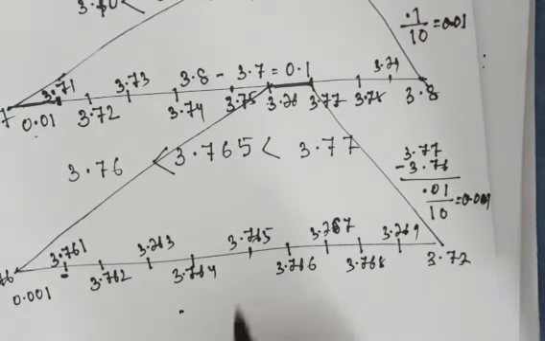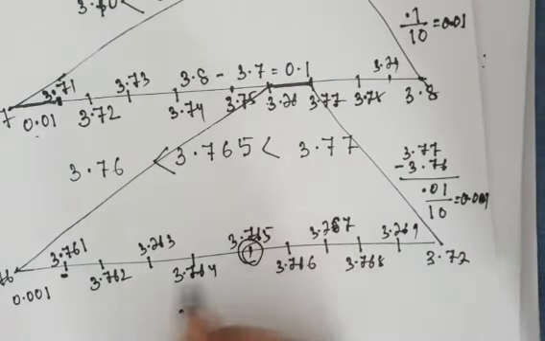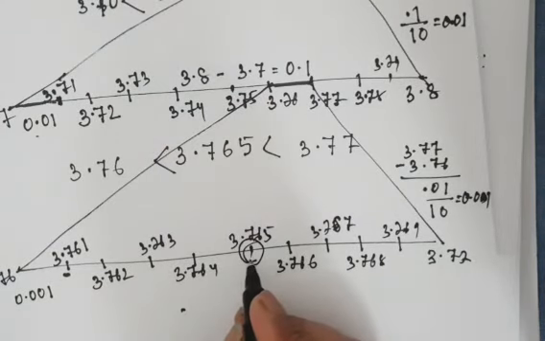So here we can say the fifth point starting from here represents 3.765.